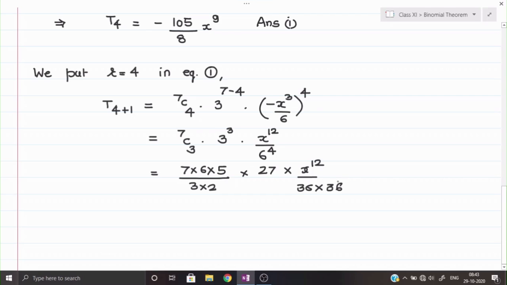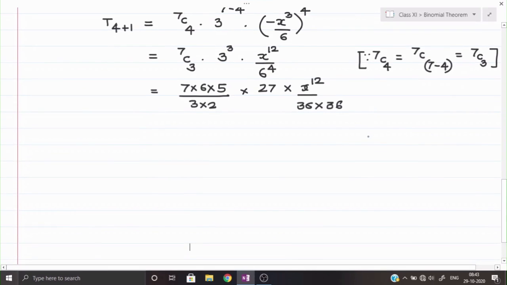And here, if you require a description, you can write that 7C4 can be written as 7C(7 minus 4), and hence it can be written as 7C3. So this is the reason we are writing 7C4 as 7C3.